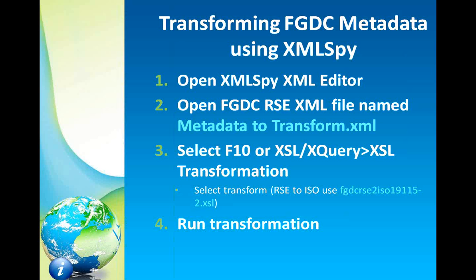Since we have an FGDC remote sensing record, we want to use the appropriate transform, and our end goal is to get it to 19115-2. So we're going to select the FGDC RSE to ISO 19115-2 XSL. You run that transformation, and the end result will be this record, but now it's in the ISO format.